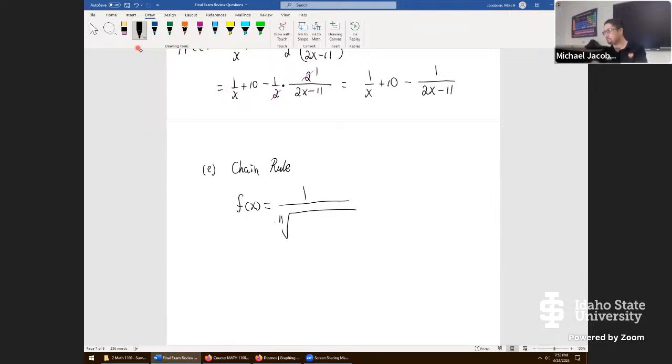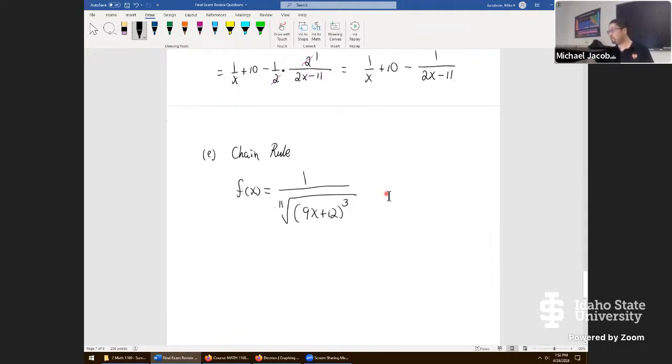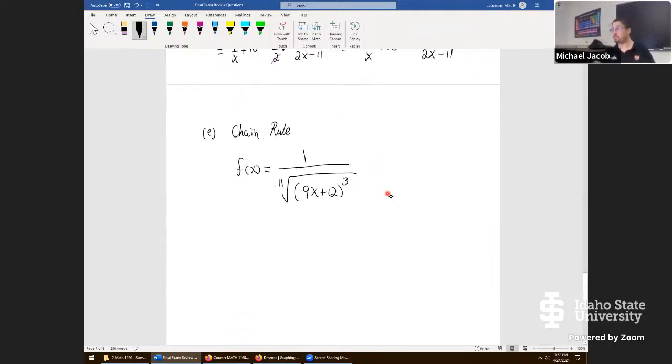So here it is, of 9x plus 12 to the 3rd power. So in my mind, this is a really good chain rule problem, but it's also a tricky one because we wouldn't want to attack it with the chain rule directly. We first have to do a little bit of algebra just to express it the right way.